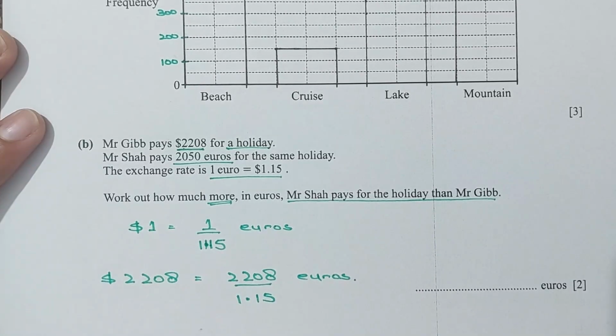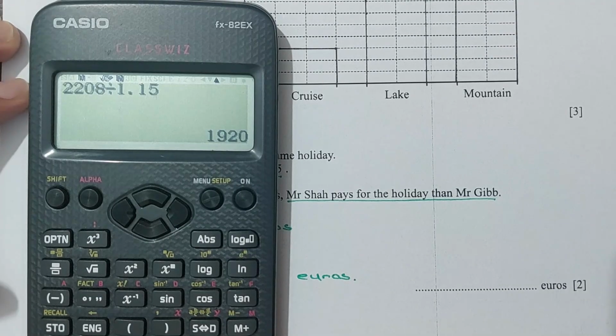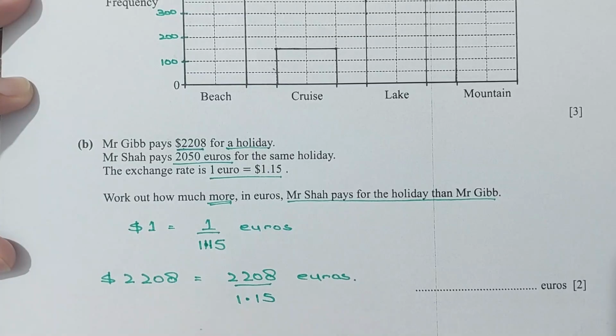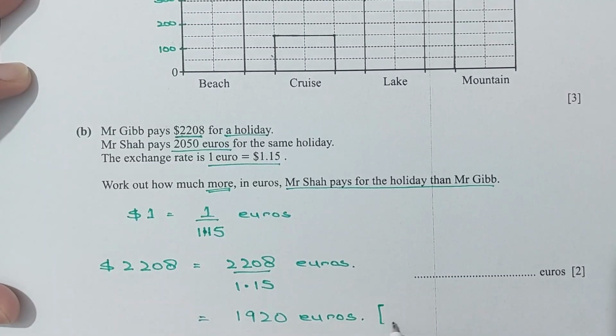Let me convert it. 2208 divided by 1.15, 1920 euros. So this is the euros.